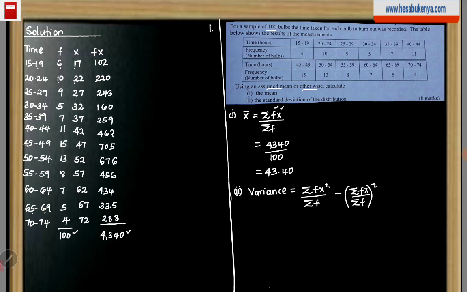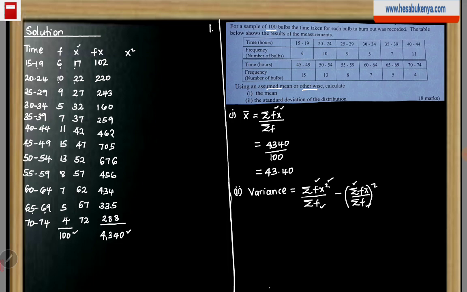So we already have summation of f, we already have summation of fx, but we do not have summation of fx squared. To get fx squared, we need x squared. So we create another column that represents x squared. So we will square the values of x.